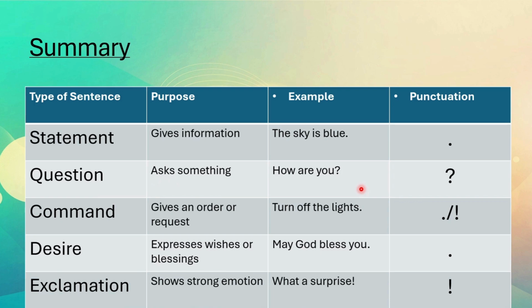It is asking something. That's why it is a question and it ends with a question mark. Command helps in giving an order or request, like turn off the lights. Someone is giving a command to someone. So it is a command. It may end with a full stop or exclamation sign.